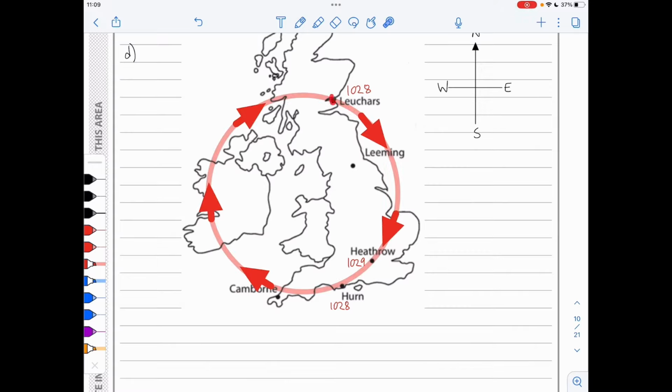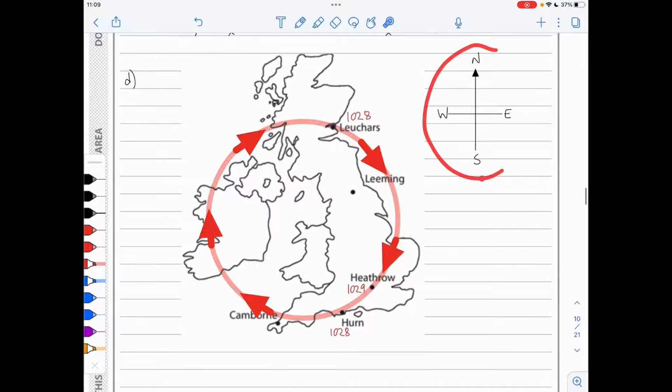It's going through Leuchars, it's going through Heathrow, it's going through Hearn, and we've got winds moving in a clockwise direction because on this particular day we've got higher pressure than what we would expect based on the mean we have found for September for Hearn. So if you look at Leuchars and if you take into account where north, south, east and west is, you can see that the wind is coming this way here.